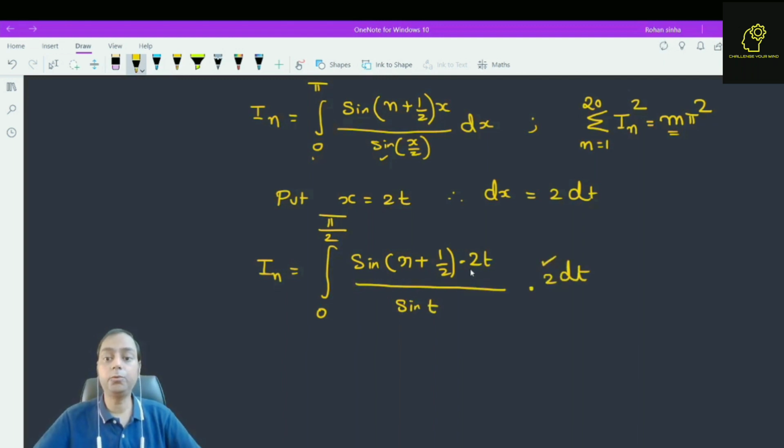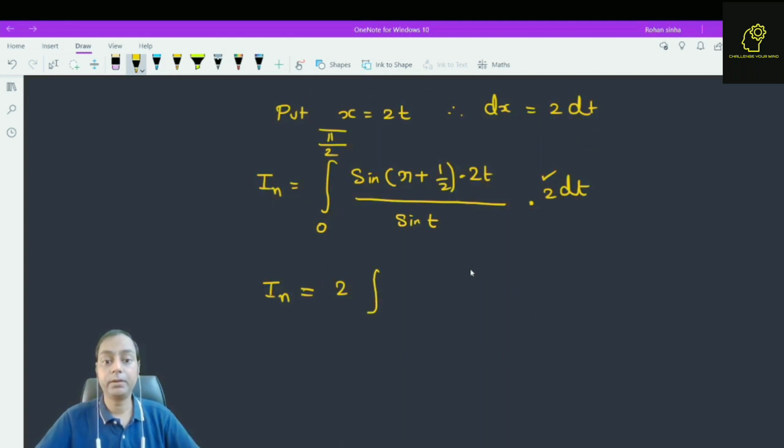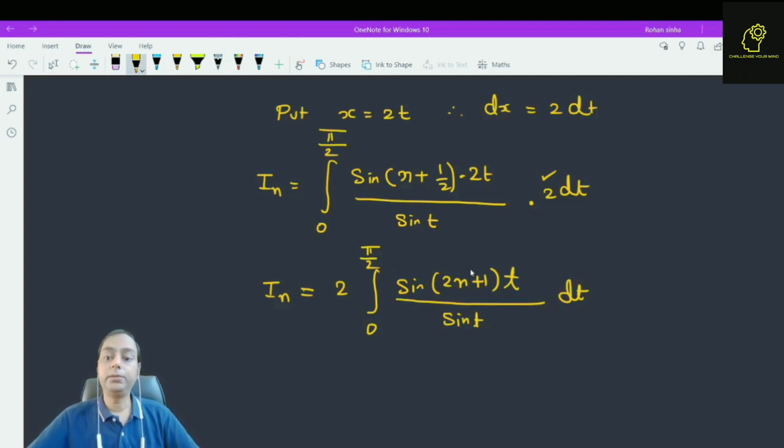Now take this 2 outside the integral sign. We find I_n as 2 times the integral from 0 to pi/2 of sin((2n + 1)t) divided by sin t dt.